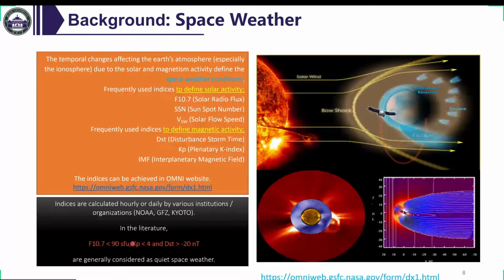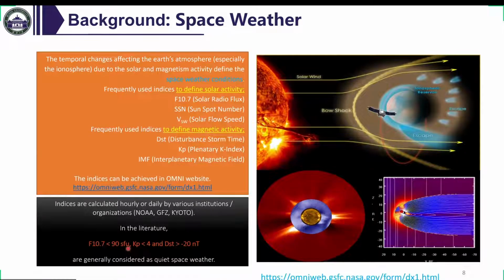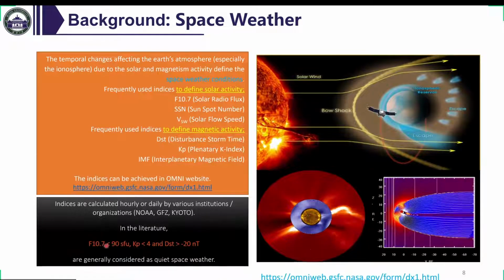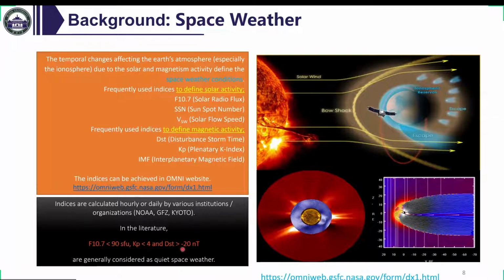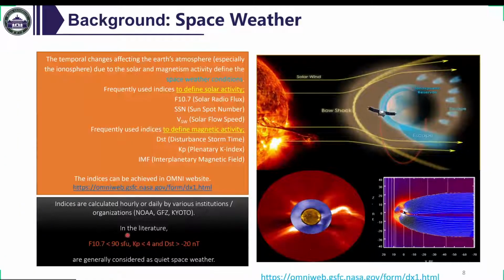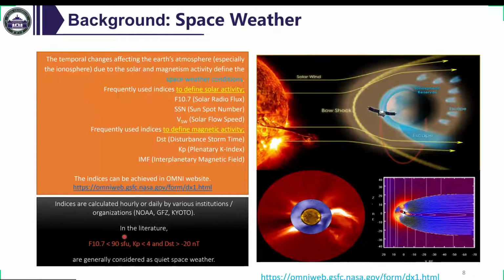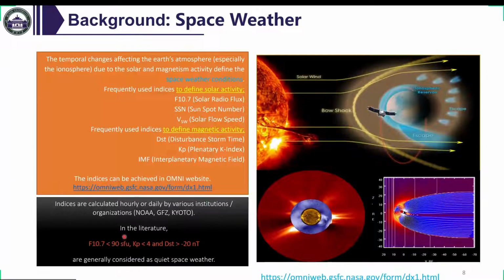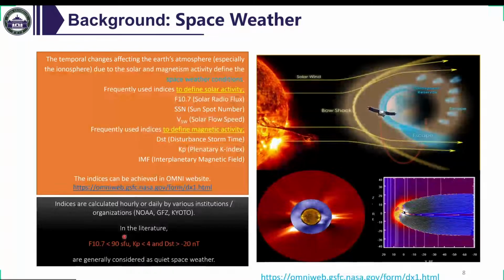As we can see, these are the parameters for a steady state or stable space weather: F10.7 about 19 solar flux units, Kp less than 4, and Dst for geomagnetic activity more than minus 20 nanotesla. In this case, it will be in a steady state. Otherwise, it could affect the ionosphere.